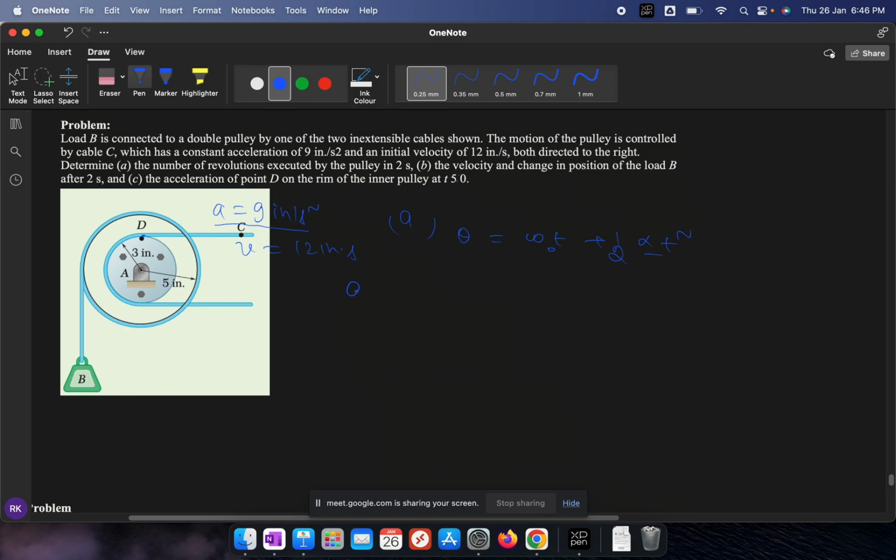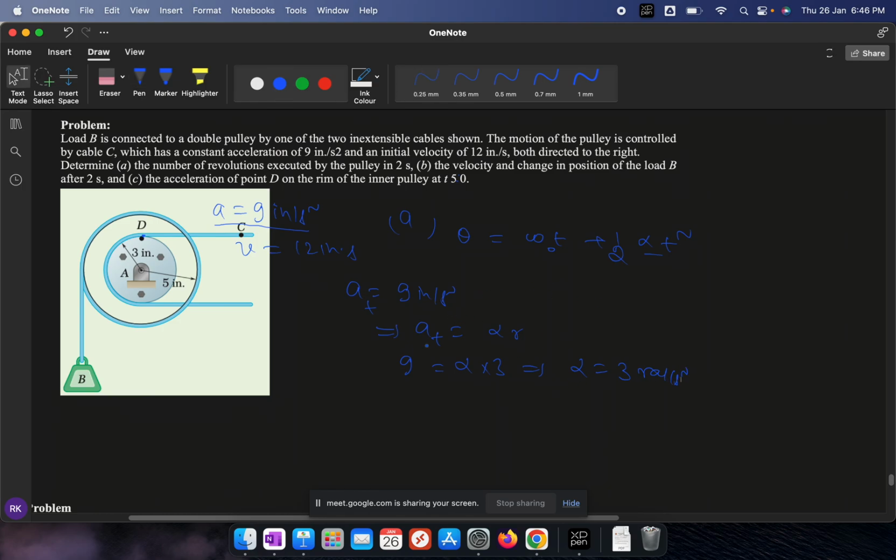So we know that for tangential acceleration, AT equal to R alpha, or alpha R. So 9 equal to alpha times R, and R is 3. From here you will get alpha equal to 3 radian per second square.